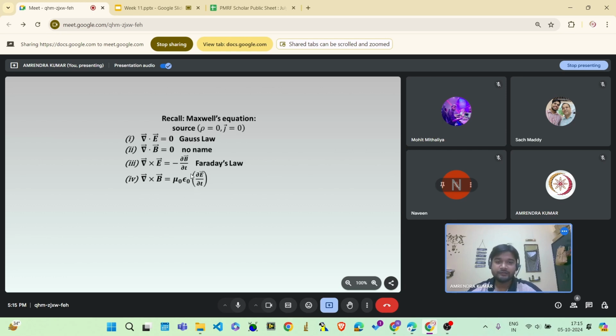So in the last few sessions, we have been dealing extensively with these equations, where we were deriving the electromagnetic wave equation, then finding its solutions, like which kind of solutions are the feasible solutions for this electromagnetic radiation.